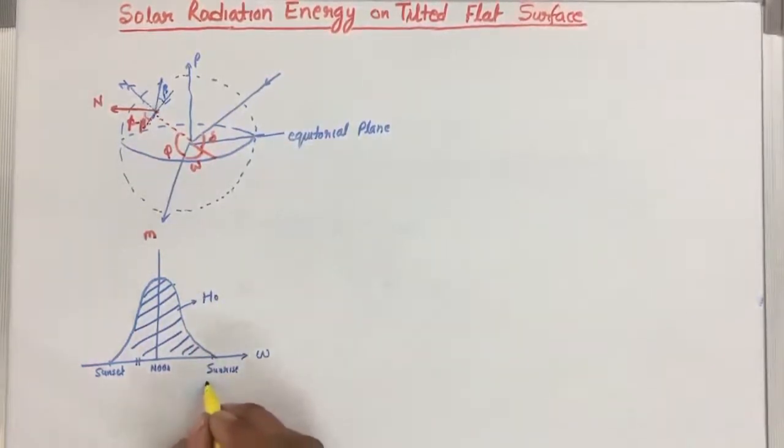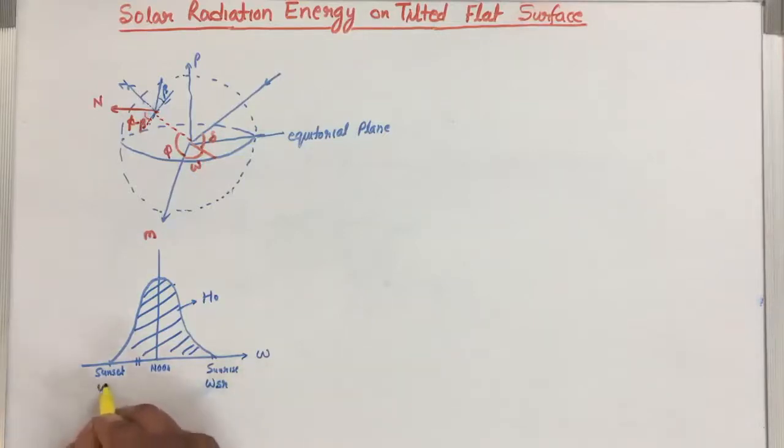Yesterday it was indicated by the hour angle during sunrise with omega SR, and during sunset it was considered positive, and this one negative. And the second assumption was made that this angle was completely equal to this angle with negative sign.